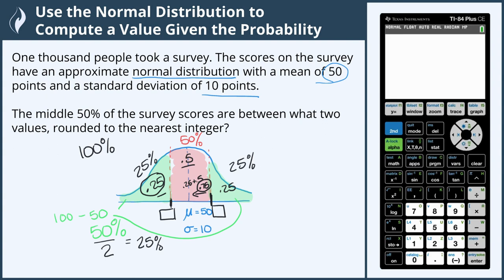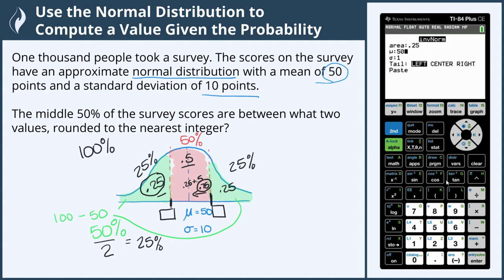So now we're going to turn on our calculator and let it do all the work for us. To find these, we're going to go to second vars for the distribution. This is normally distributed, so we can use the inverse norm, down 3. The area for our first one is the 25% or 0.25. The mu, or the mean we were given, is 50 points, so we'll type in 50.